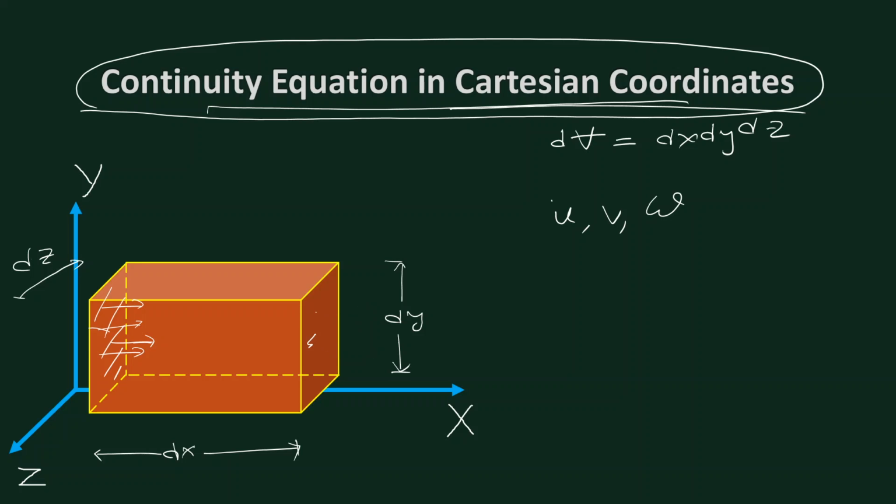Now, let's consider this surface. This surface has an area dy dz, and if this was the overall flow velocity, then its x component will be in this direction. So the net amount of fluid entering through this surface will be given by its area multiplied by the x component of velocity u.